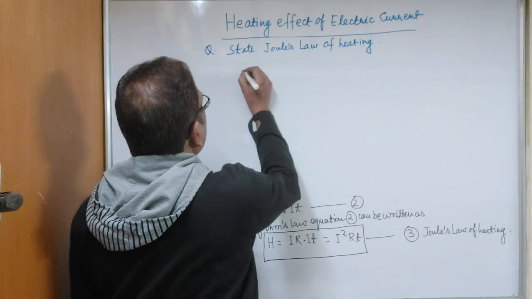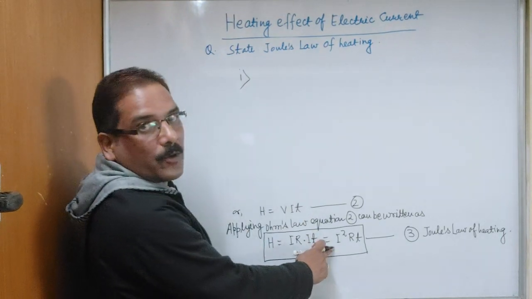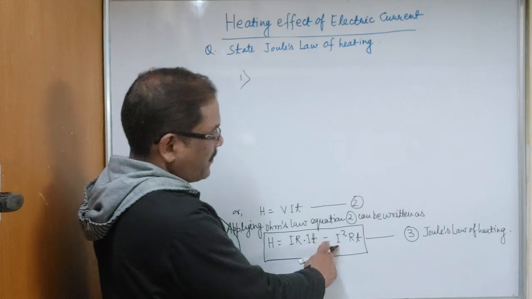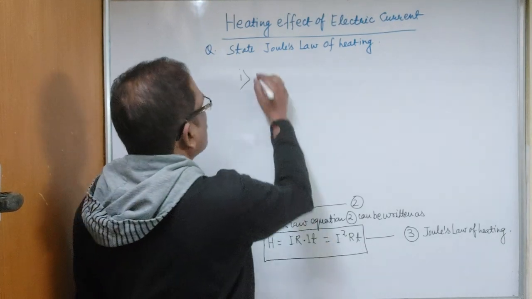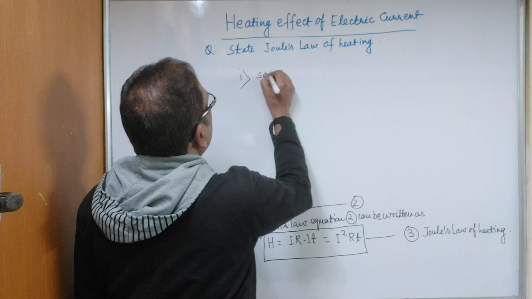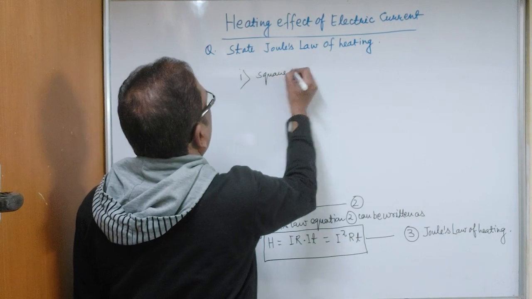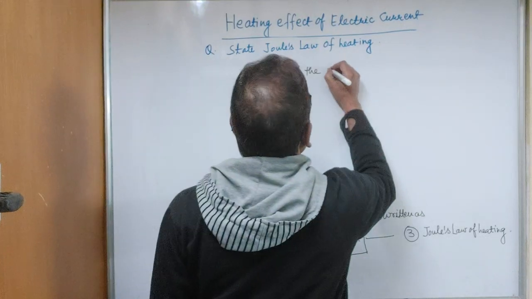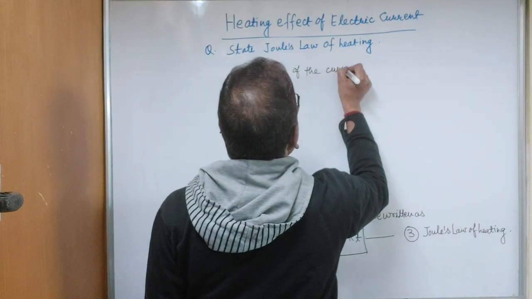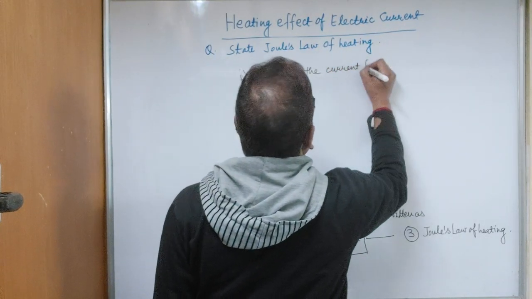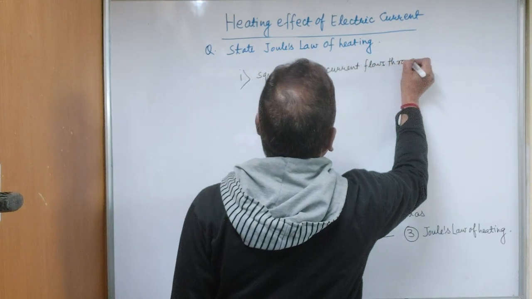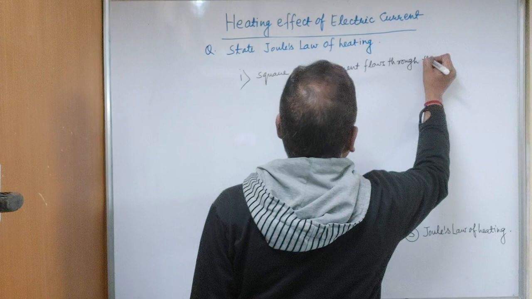First, look at this formula. So H is directly proportional to I square. I is the current. So write square of the current flowing through the resistor.